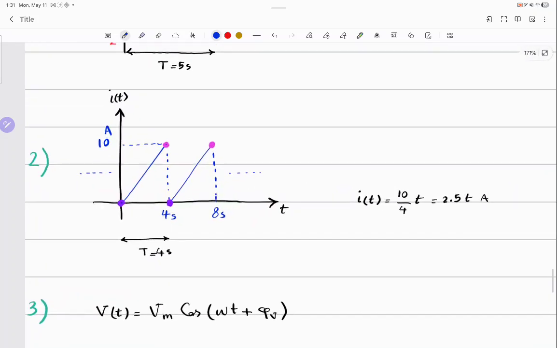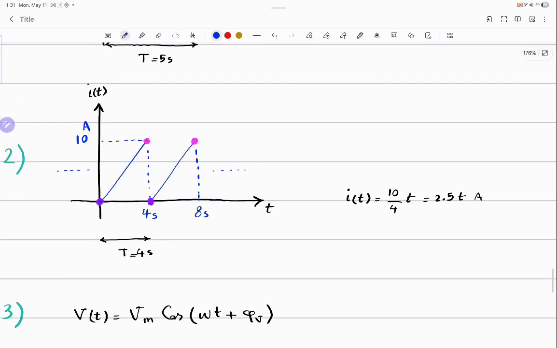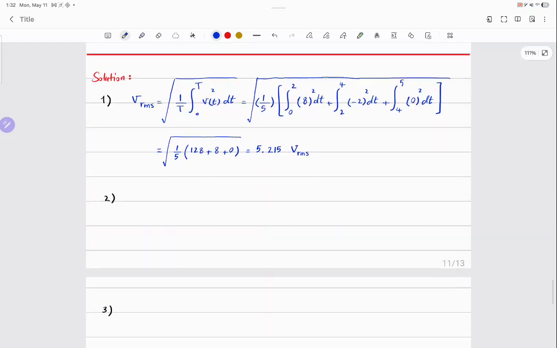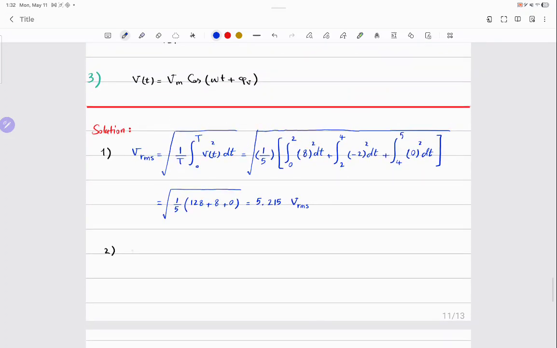So for the second one, how do you find the effective value? You first have to find what? The line equation. Okay? This is how I find the line equation. I is equal to the slope multiplied by t. You know how to do that. And it's 2.5 t. Now we have to integrate that, the squared version.